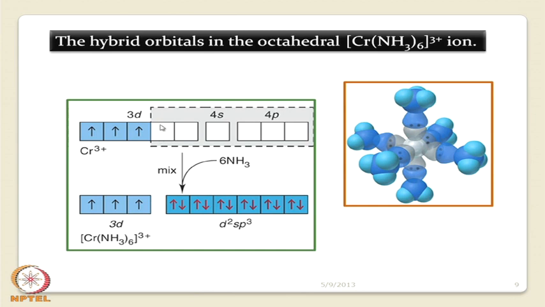We will utilize one more d for this octahedral hybridization scheme, which is d2sp3, and we have 3 unpaired electrons in the free ion configuration. So, those 3 are still remaining in our compound. So, it shows 3 electron paramagnetism for octahedral d2sp3 hybridization, and this is one type of hybridization where inner d orbitals are utilized.